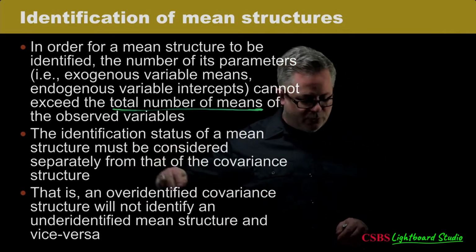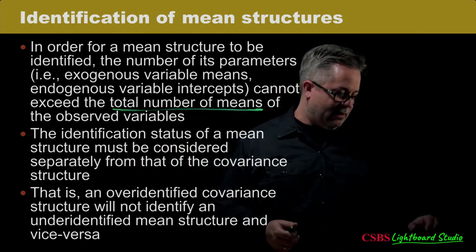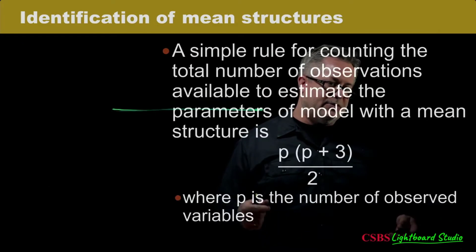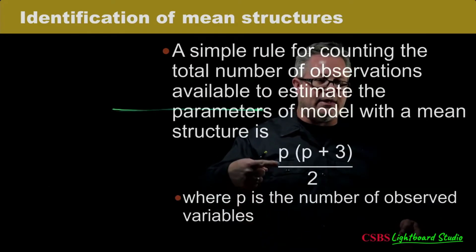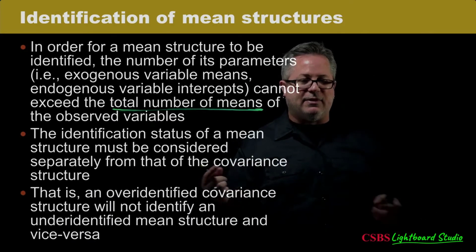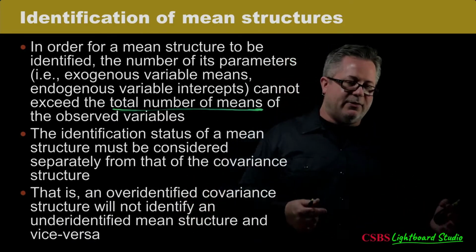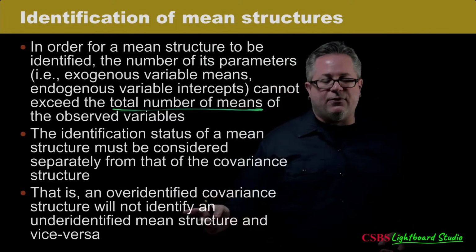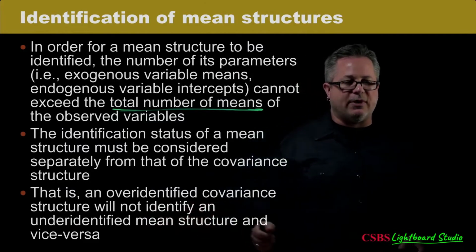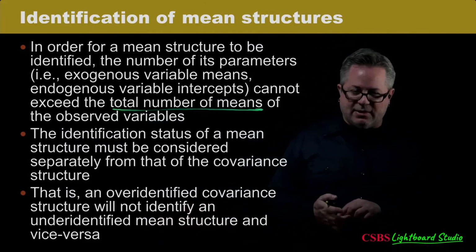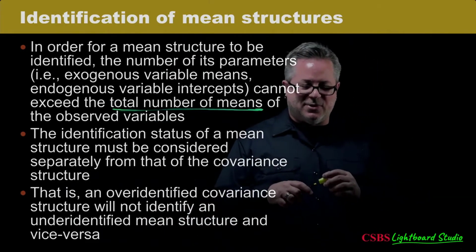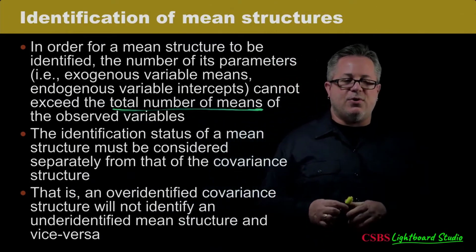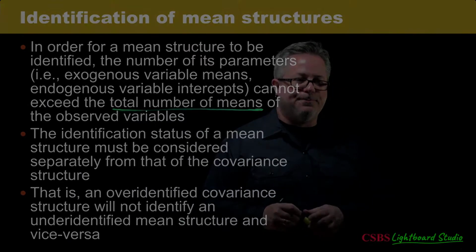If that's true, why then in the same breath, as the book mentioned, is this acting like it's one thing? Well, it's not. It's two different things. You've got to look at the means and the variances and covariances separately. So an over-identified covariance structure will not identify an under-identified mean structure and vice versa. What does that mean?